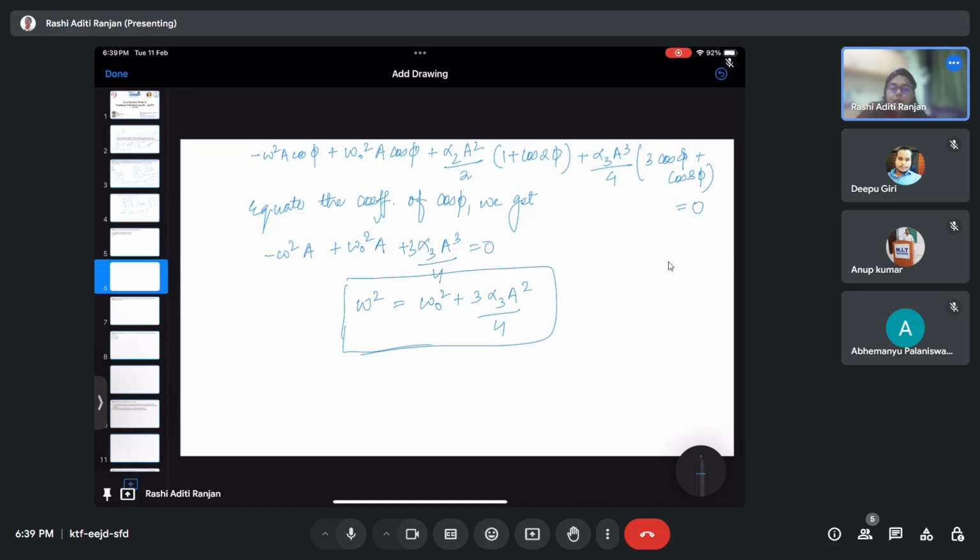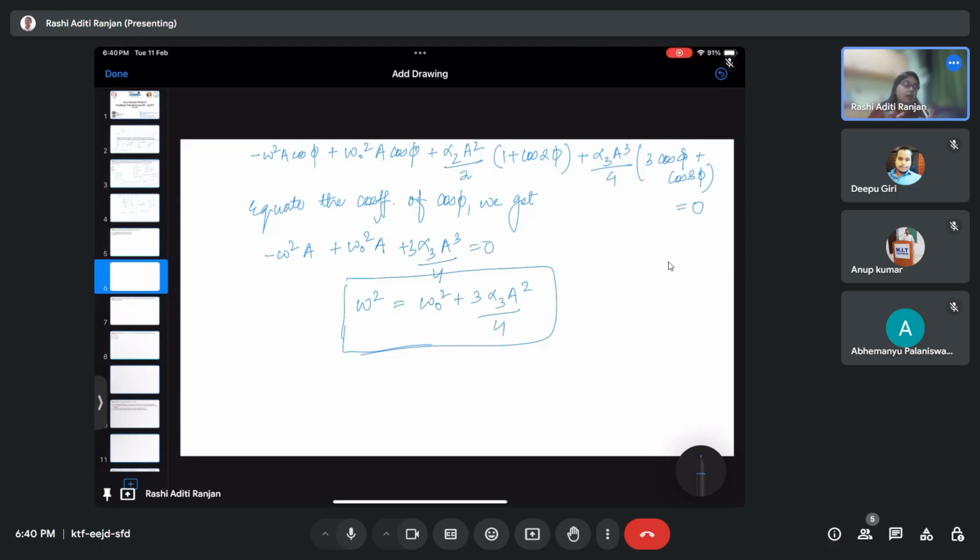After putting it into the main differential equation, I equated the terms of cos phi, wherein I got this equation. Here omega naught is my natural frequency of the system, and omega is the frequency of my response. Omega is not the forcing frequency; we do not have any forcing frequency here. In a linear system, the system always vibrates with the natural frequency.